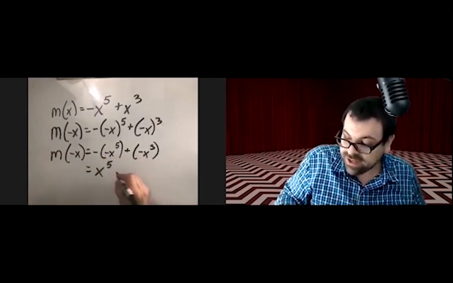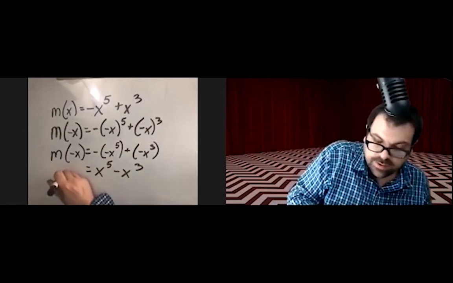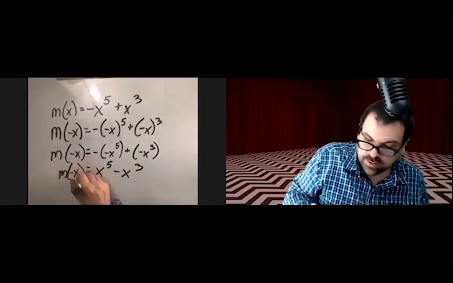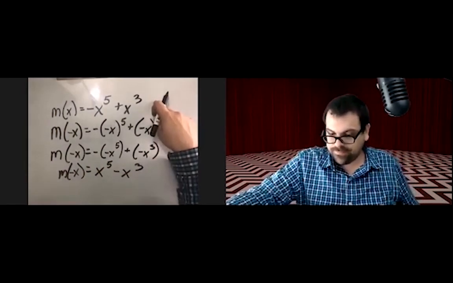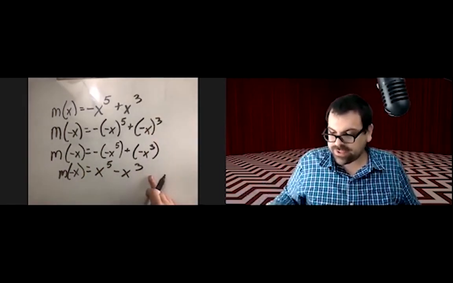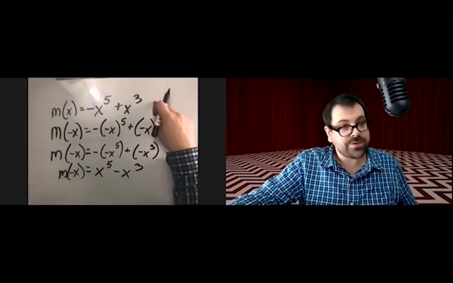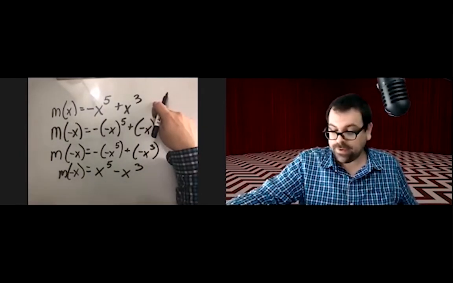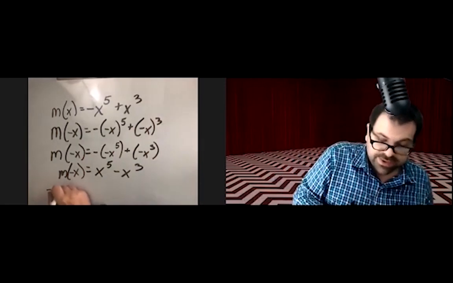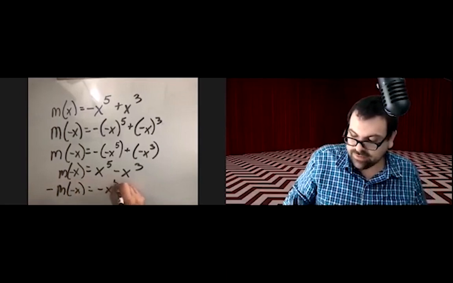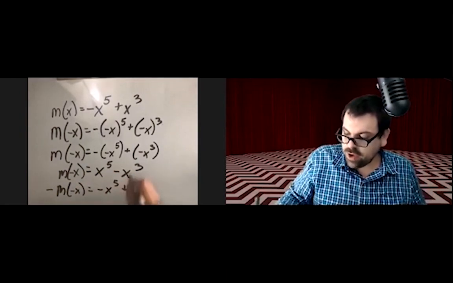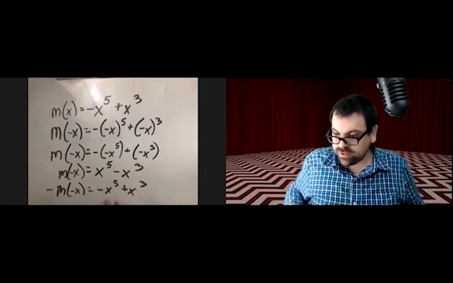Plus a negative is minus. Not the same. Not the same. So it's not even. But if I take the opposite, it's negative x to the fifth, positive x cubed.